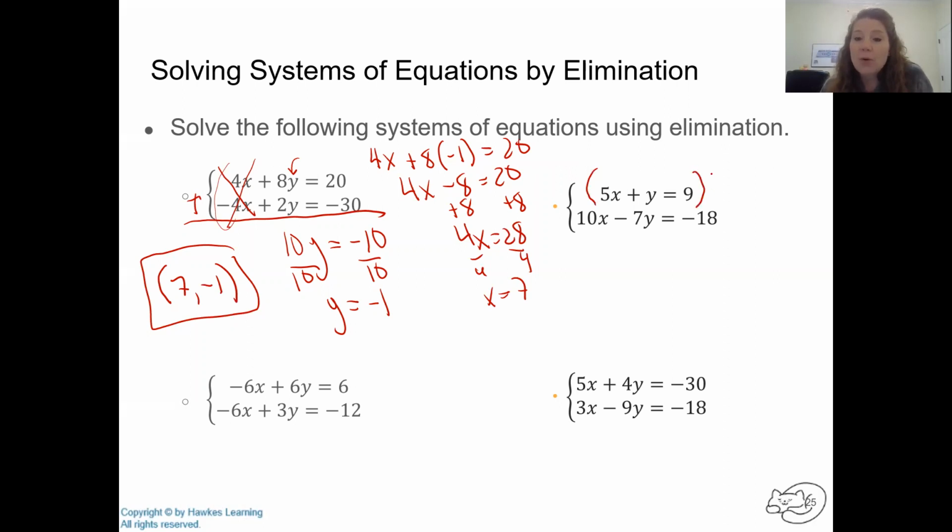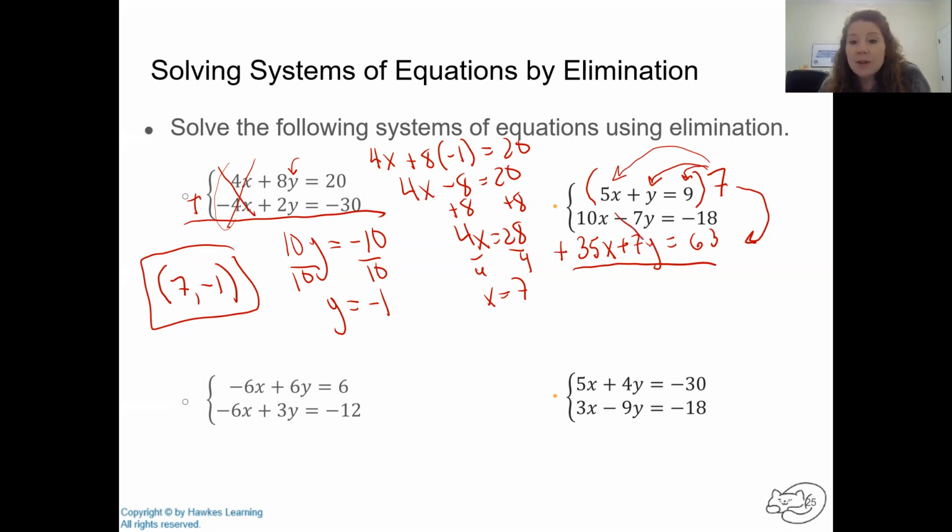You can't just multiply the y by 7. You have to multiply the whole equation by 7. So I'm going to bring that equation down here. 7 times 5 is 35x. 7 times 1y is positive 7y. And 7 times 9 is positive 63. So I'm going to make a big plus symbol.